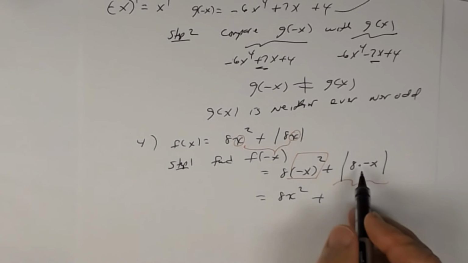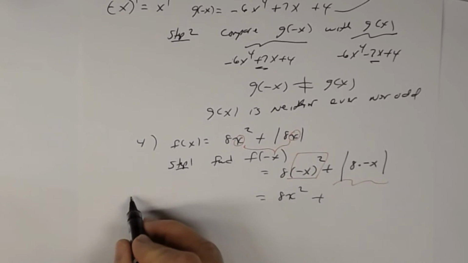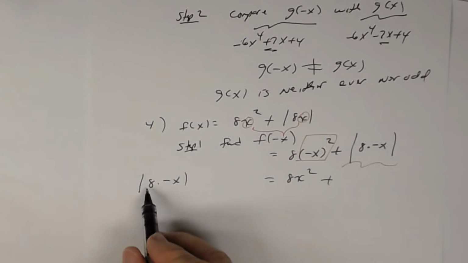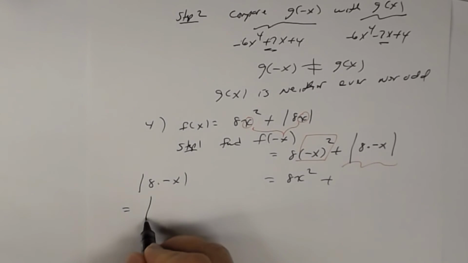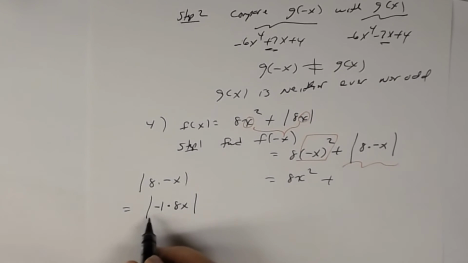Plus, now listen carefully, I'm about to tell you. Okay, here's how you're going to do this. I'm going to work that out right here. All right, so I'm going to say this. 8 times negative x, the absolute value of that, means the same thing as saying negative 1 times 8x. Y'all agree?